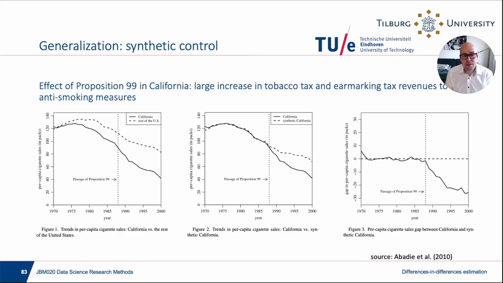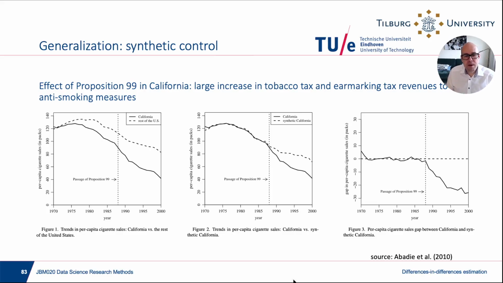So what they did was they looked at the effect of Proposition 99 in California. There was a large increase in tobacco taxes and earmarking tax revenues to fund anti-smoking measures. So what should be the case is that cigarette sales should be negatively affected by that.